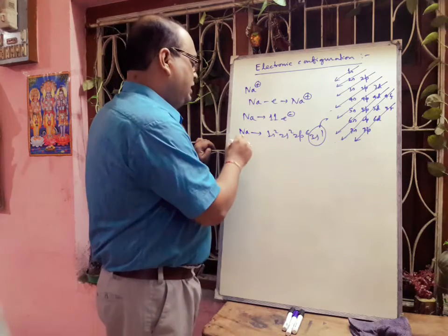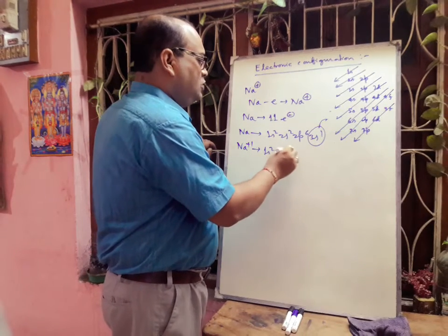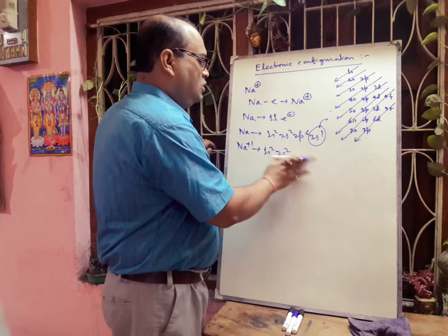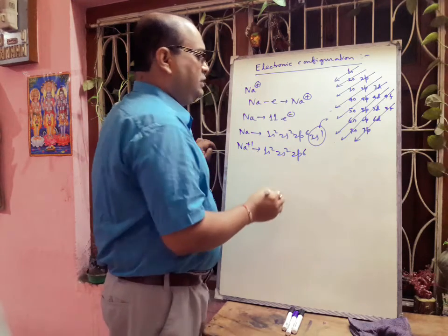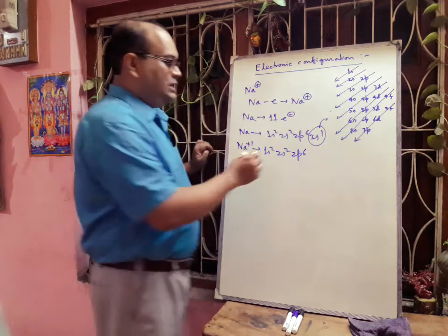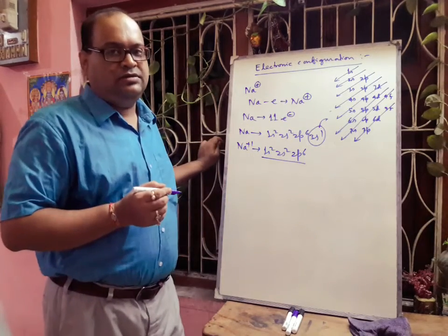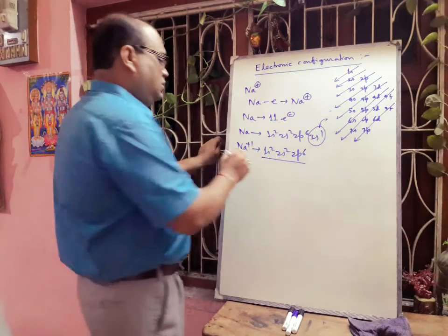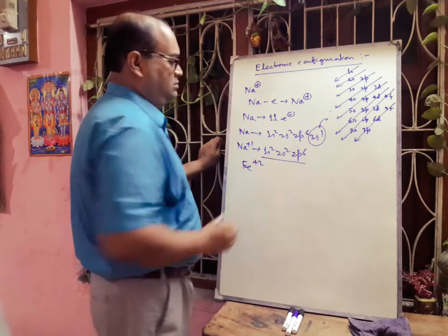So Na+ electronic configuration will be 1s2, 2s2, 2p6, 3s0. This will be the electronic configuration of Na+. Understand? Now we will go to the electronic configuration of Fe2+, that is ferrous ion.